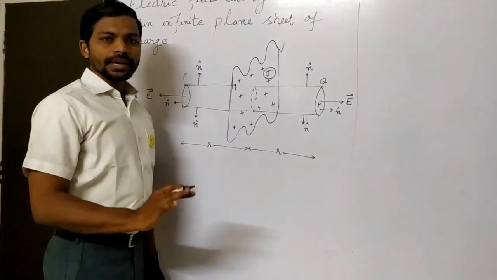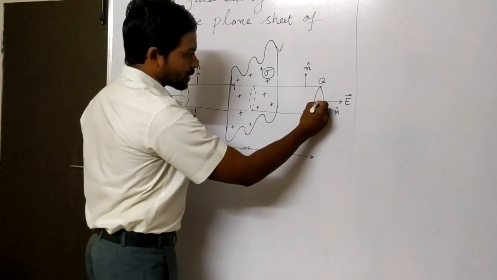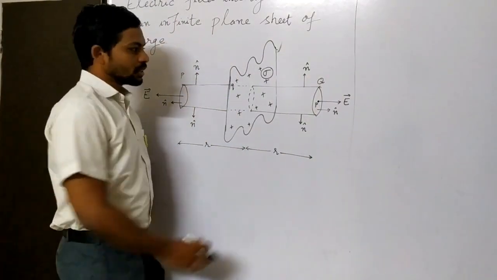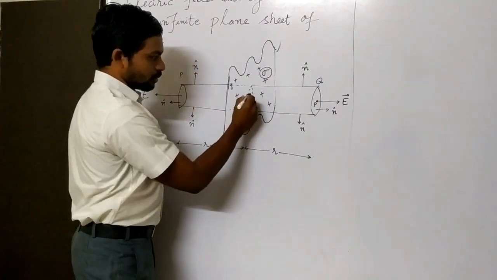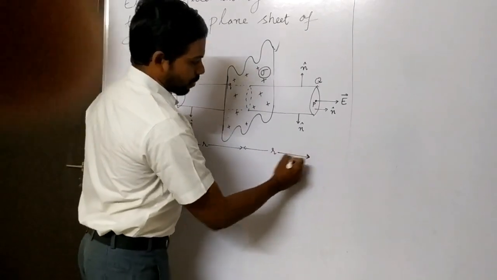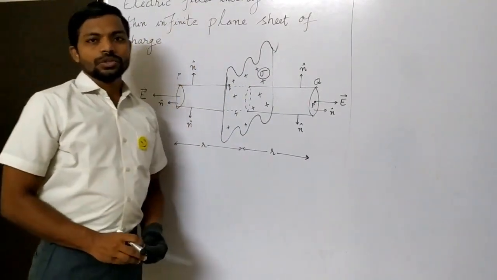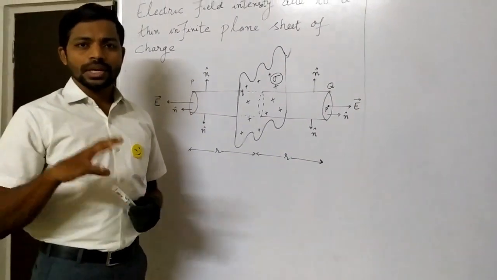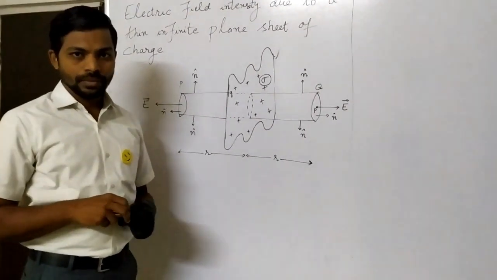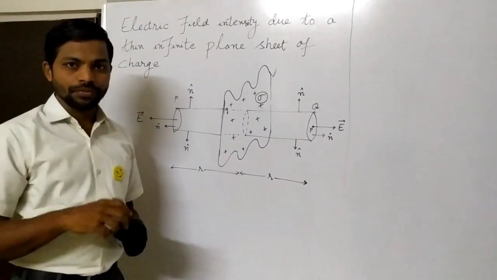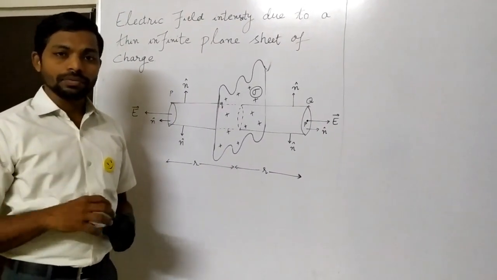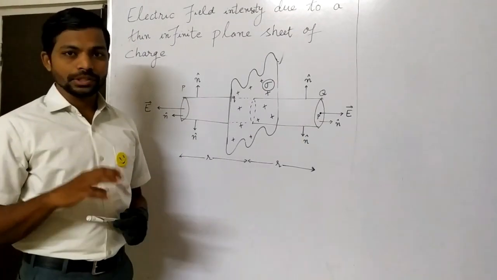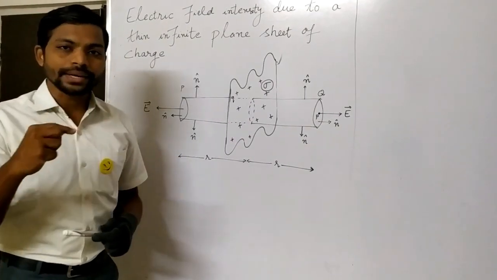Now our idea is to find out electric field intensity at this point P, which is at a distance R from here. Using Gauss law, generally we consider a Gaussian surface and then try to find out the flux passing through it. Based on that, we find the electric field intensity.